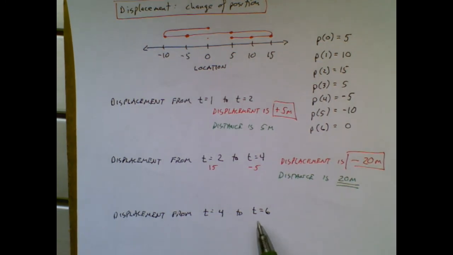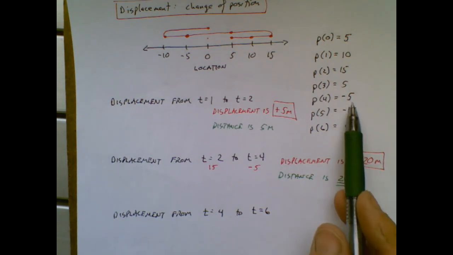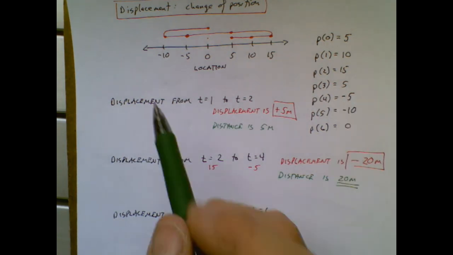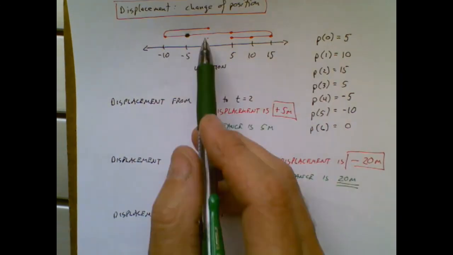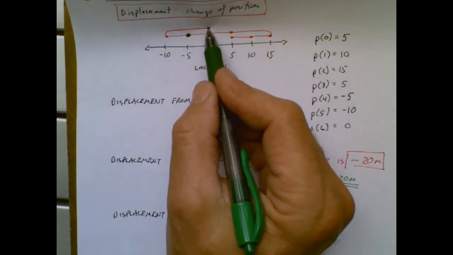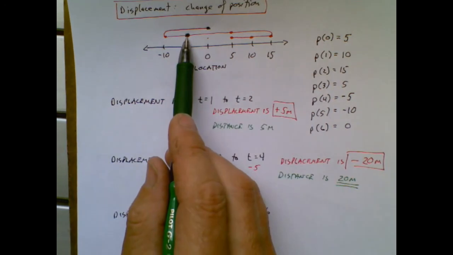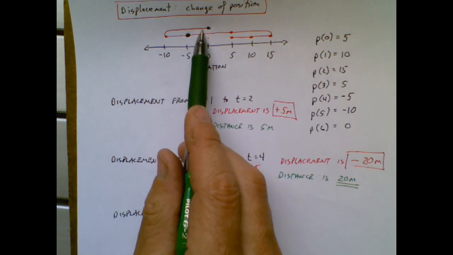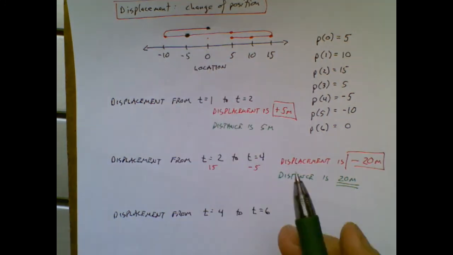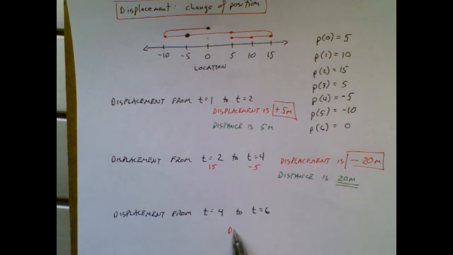All right, let's look at this final one. The displacement from t equals 4 to t equals 6. At t equals 4, I was at negative 5. And at t equals 6, I'm back at 0. Now during that time, I traveled to the left, and then I went back and traveled to the right. But displacement doesn't care. Displacement only cares about change of position.